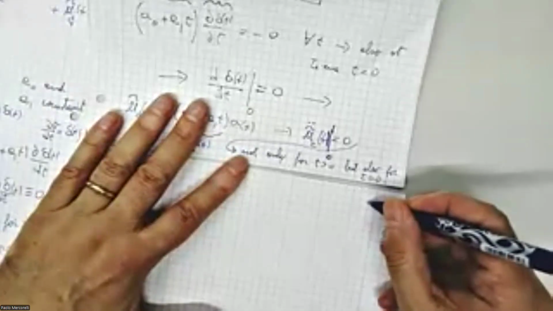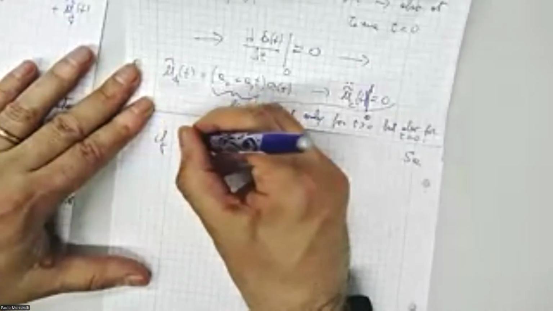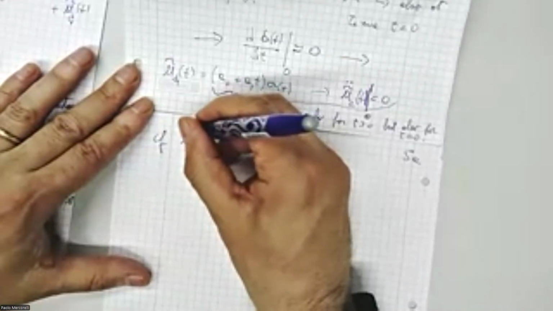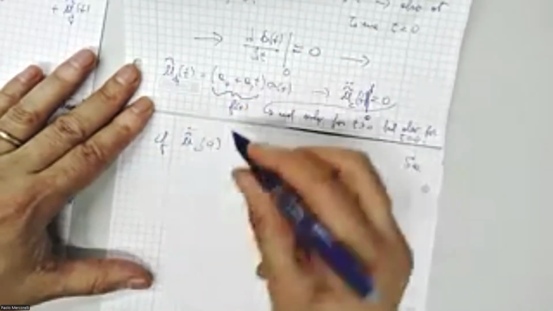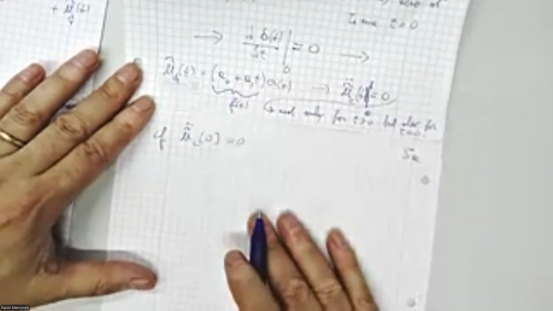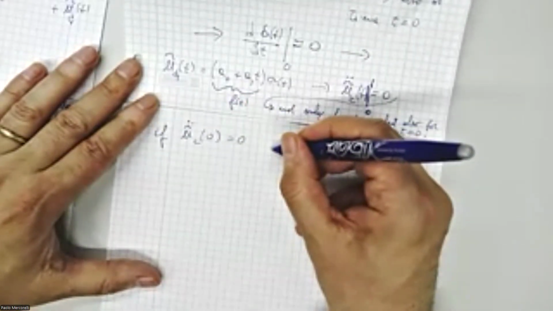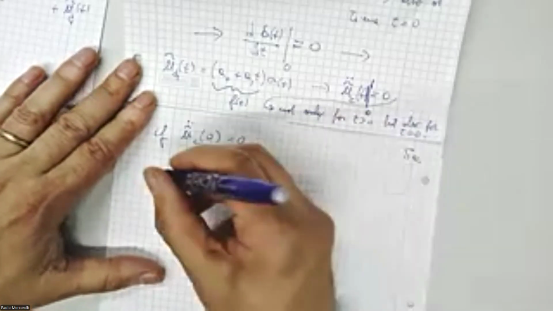Let me now at least mathematically tell you about this. This is page 5a. Now, if at time 0 is equal to 0, let me consider again this here.